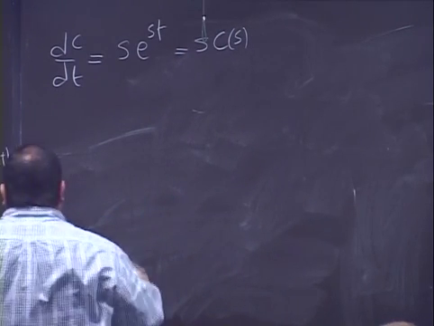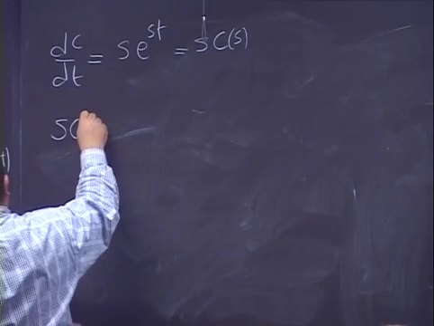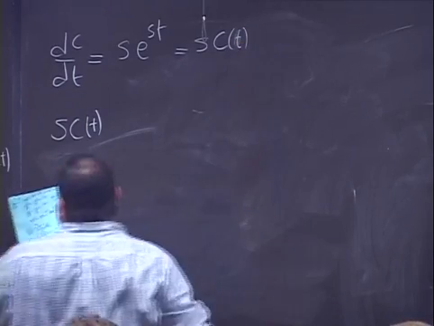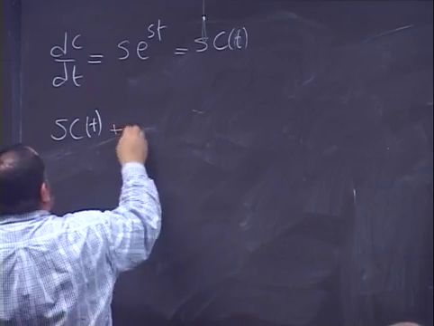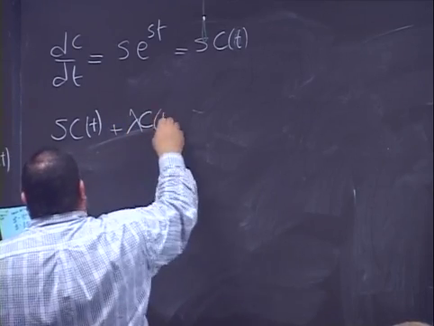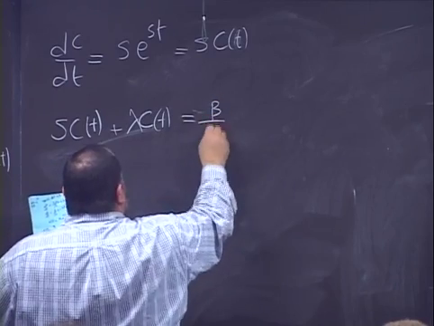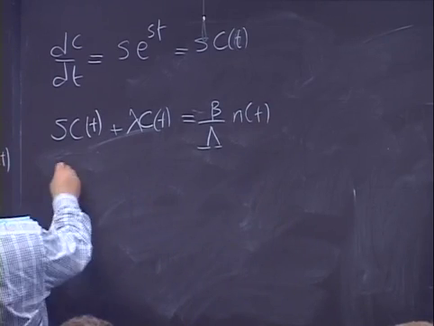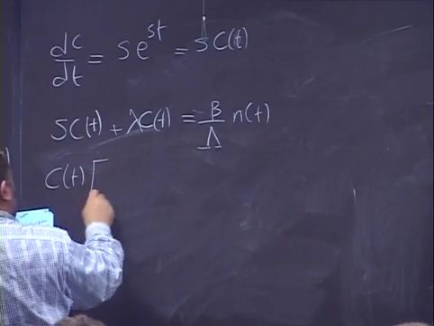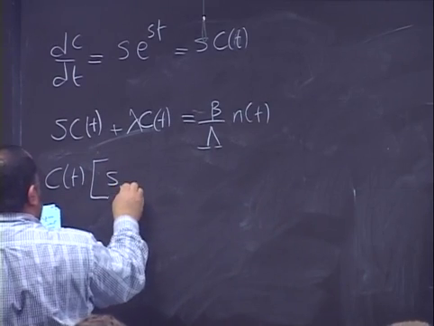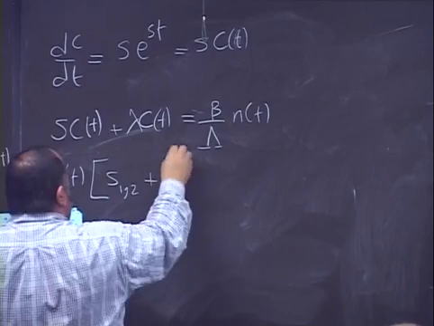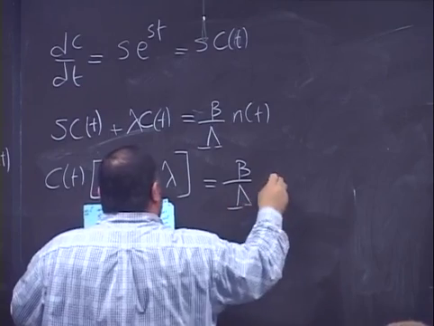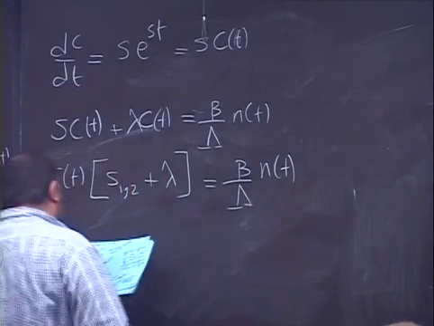So s c of t plus lambda c of t equal to beta over gamma multiplied by n of t, and then c of t times s 1 and 2 plus lambda equal to beta over gamma multiplied by n of t.